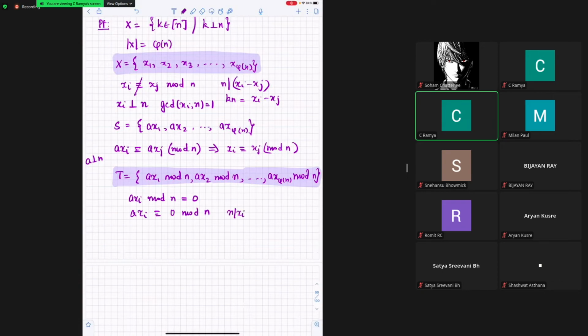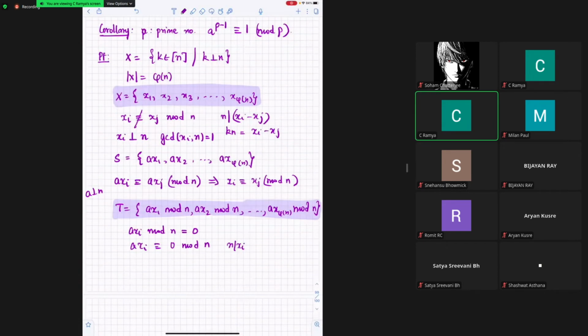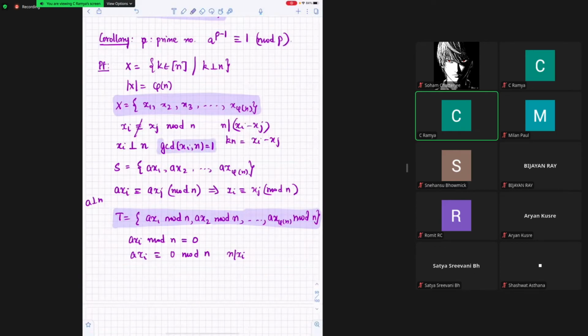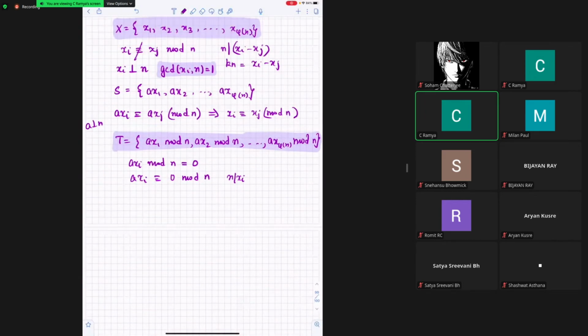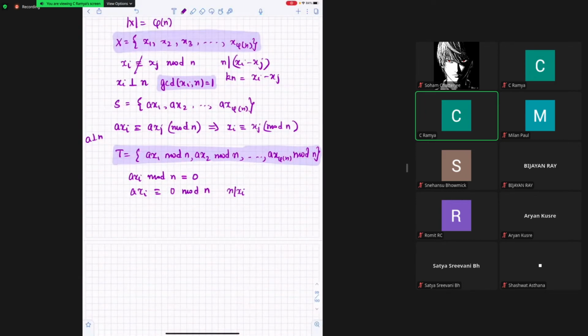But you know that these Xi's are co-prime to N, so this cannot happen. So 0 is never allowed. It contains other numbers from 1 to N minus 1. Is that clear?